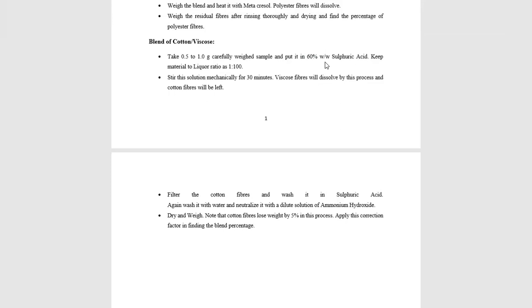So when we find the blending percentage, we add 5% more to the cotton blending ratio, because when the sulfuric acid reacts, 5% of the cotton also dissolves with it. That's why we add 5% to the cotton blending percentage.